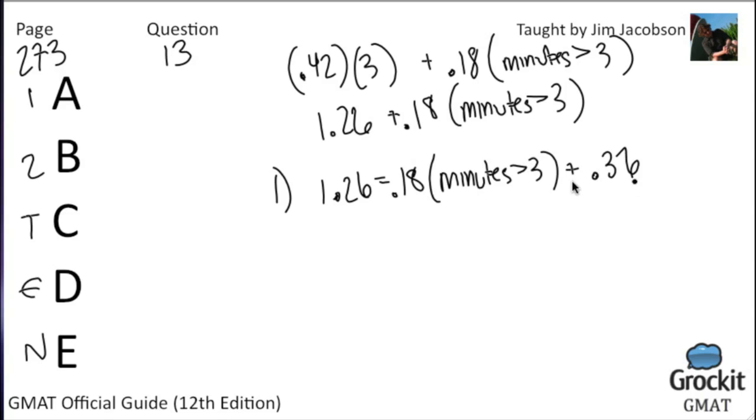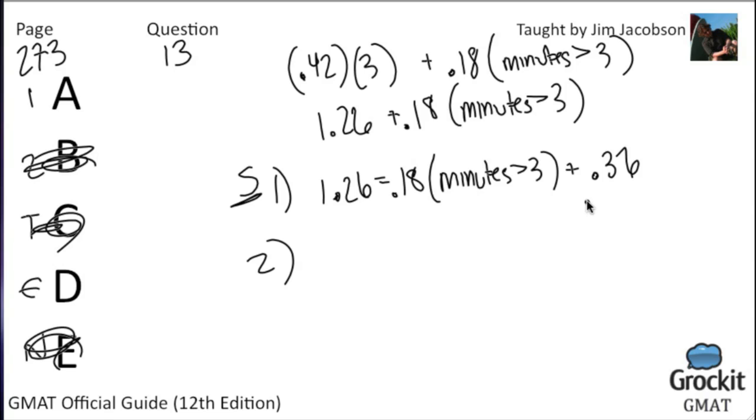And we could figure it out from there. We would subtract 36 cents from both sides, divide by 18 cents, and that would give us the number of minutes. And I mean, we're not going to do the math, but we could. We know we could, so we can confidently cross off answer choices B, C, and E, because statement 1 is sufficient.